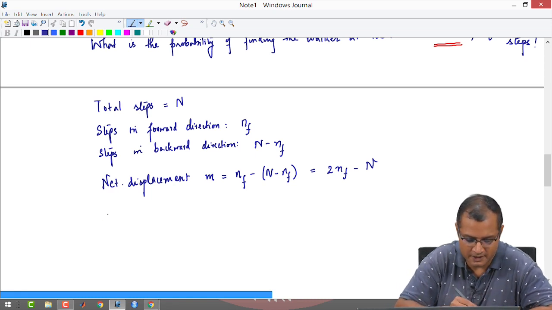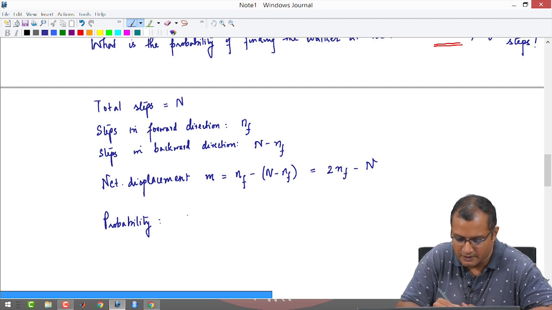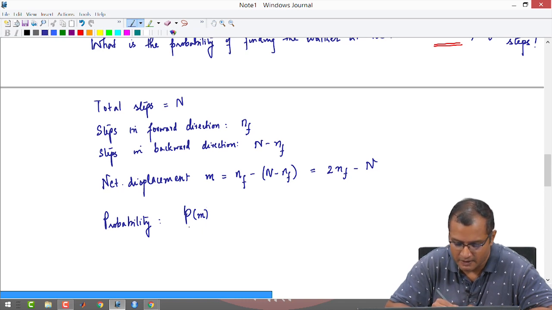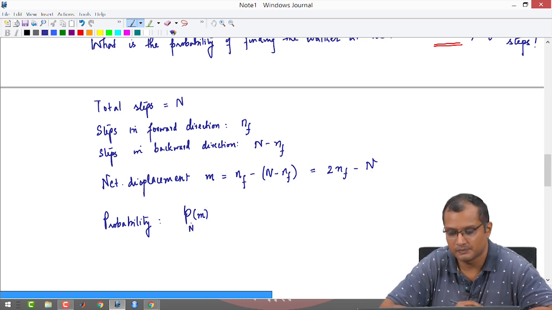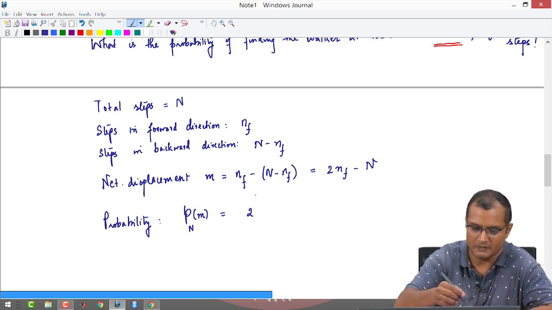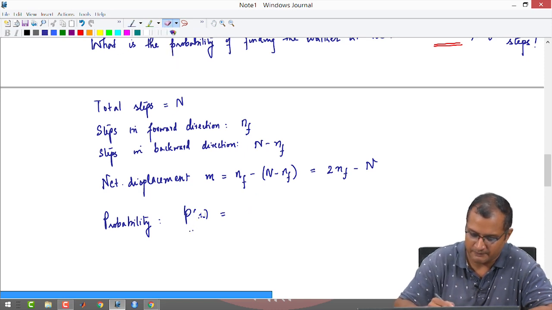So, what is being asked is basically the probability that the walker is at the location m after n steps.